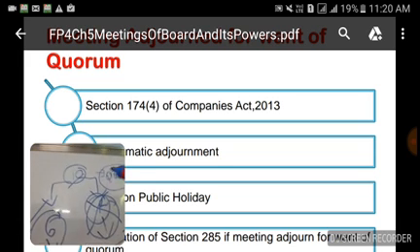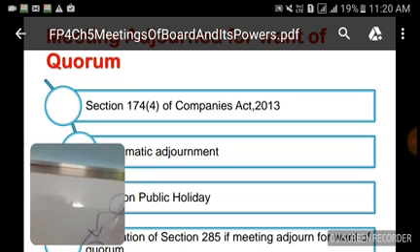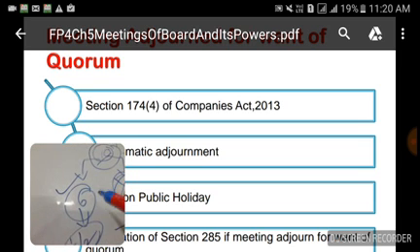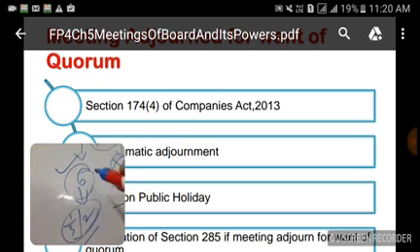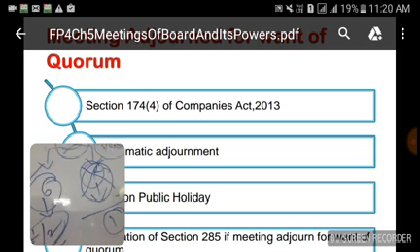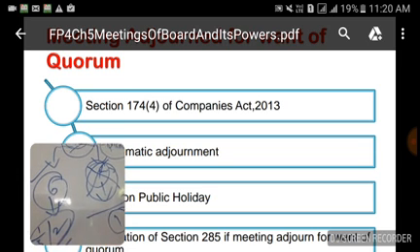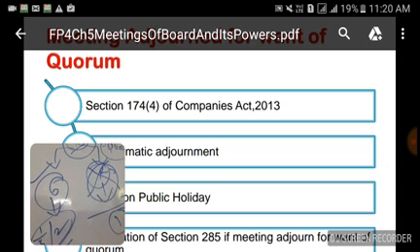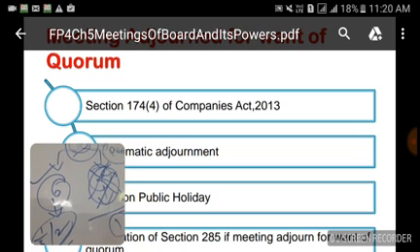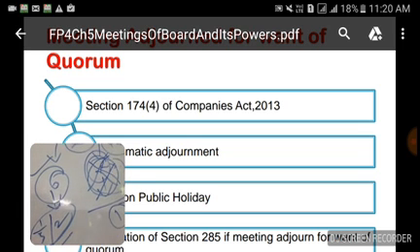Even if the quorum was there at the first stage for all 10 transactions, the quorum should also be present at the conclusion of the transactions. If the quorum is not present after completion of the transaction, then those transactions are invalid. Make note of this.